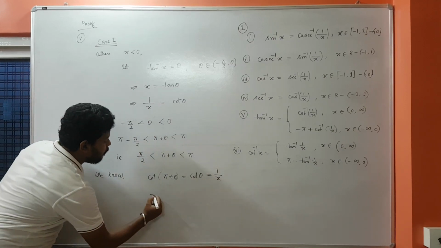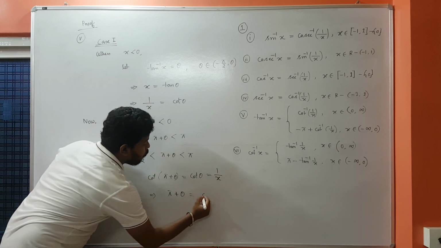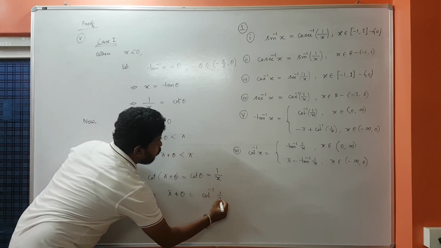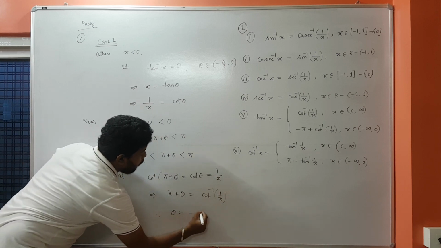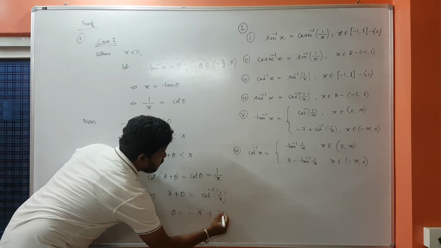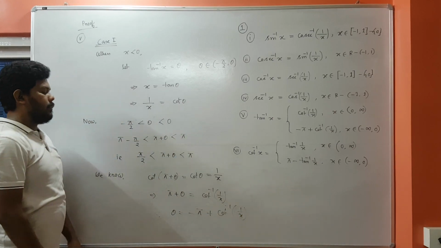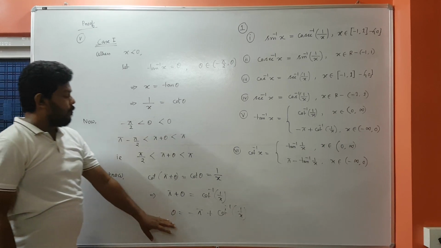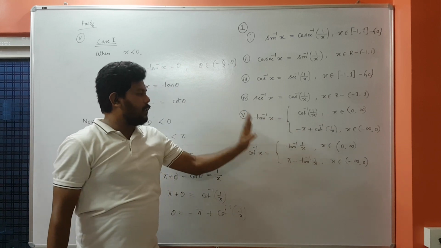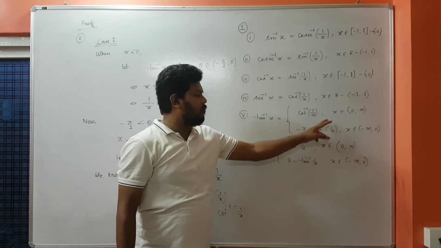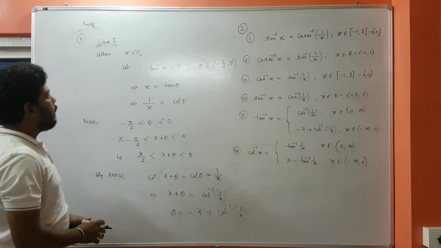Therefore, pi plus theta is equal to cot inverse of 1 by x. Therefore, theta is equal to minus pi plus cot inverse of 1 by x. This is your proof of tan inverse of x is equal to minus pi plus cot inverse of 1 by x when x is negative. Now case 2.